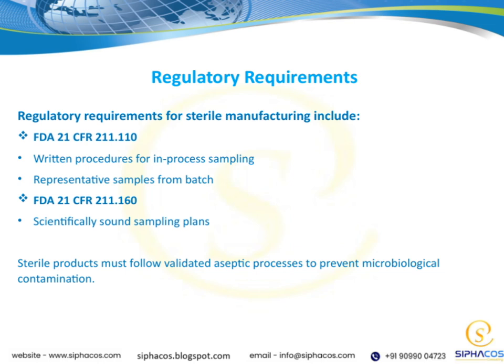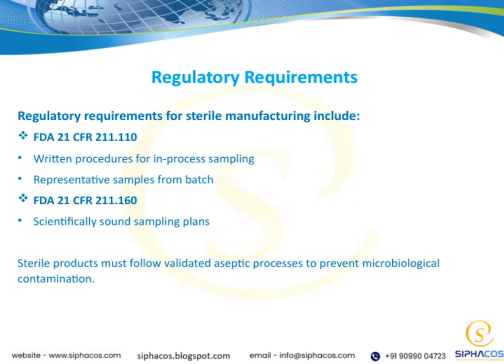Next, there's FDA 21 CFR 211.16, which highlights the need for scientifically sound sampling plans. This is about designing sampling strategies based on solid scientific principles, ensuring that our sampling methods are both effective and reliable. All of these requirements come together to support the core goal of sterile product manufacturing, preventing microbiological contamination.